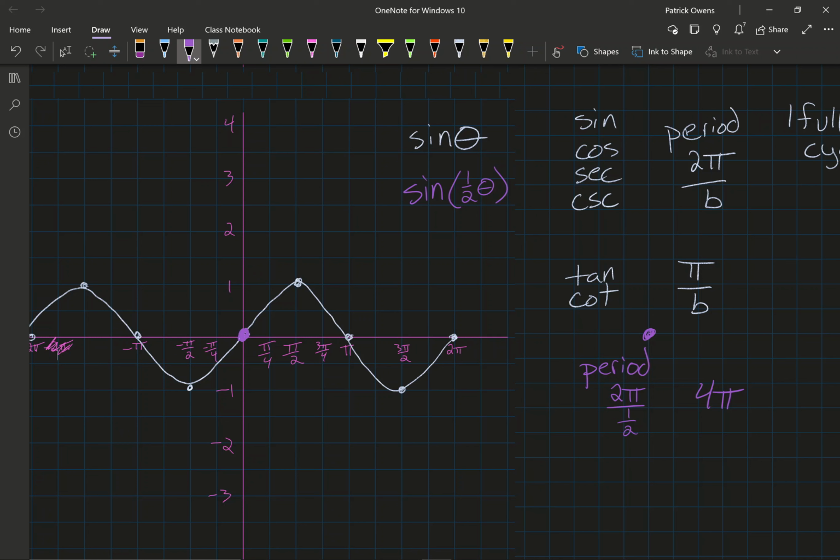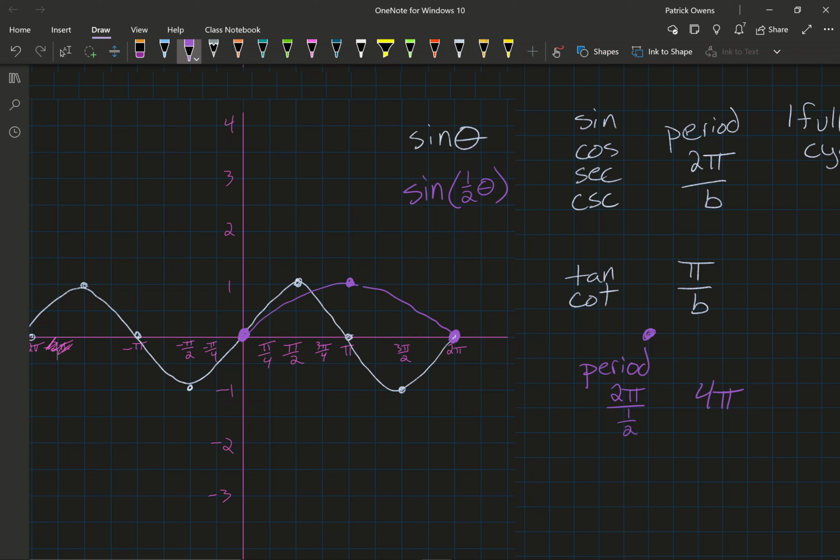So what you can do is realize that sine takes half a period to go from a 0 to a maximum to another 0. So halfway through the period, there's going to be a 0. Halfway through that, there's going to be a maximum.